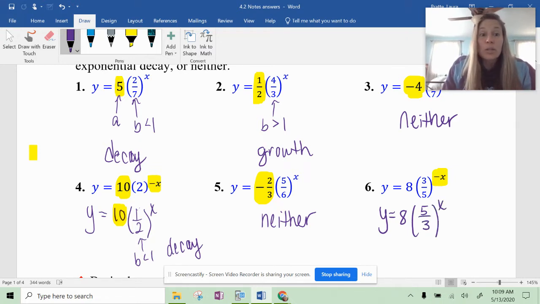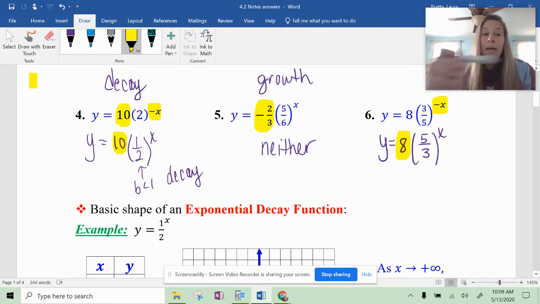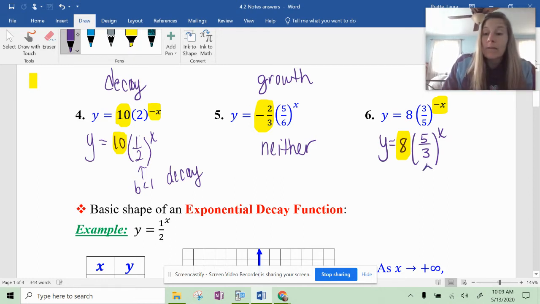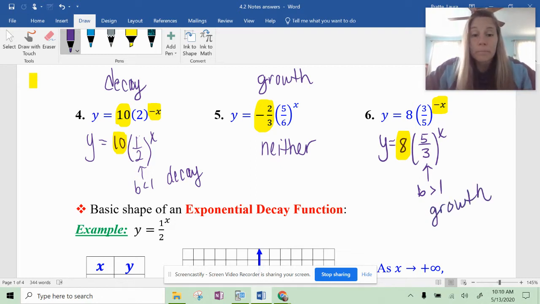That changes what we were initially about to say. My A value is positive, so it is growth or decay, but because I had to flip that fraction, 5/3 is actually greater than 1, which makes it a growth factor. So this would be a growth function.